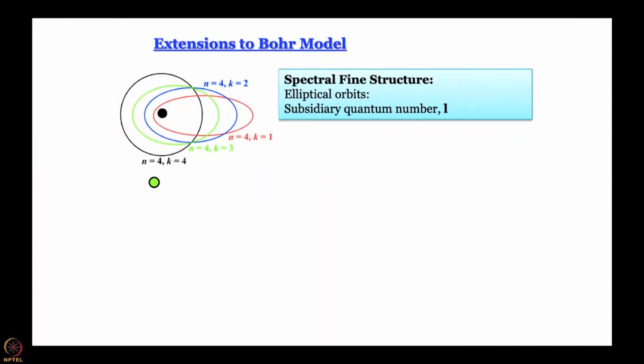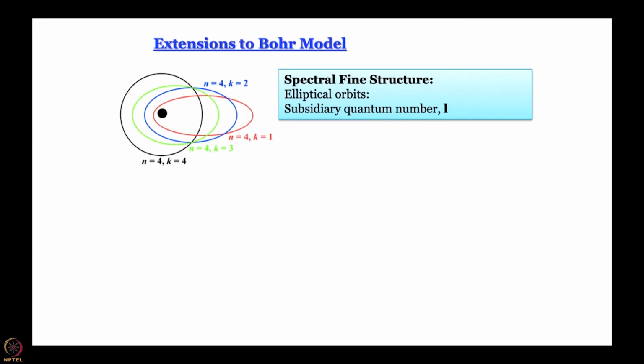And again, looking at experimental results, it was also understood that for a given value of n, one can have n values of k, and these values were designated 1, 2, 3, 4, so on and so forth up to n.